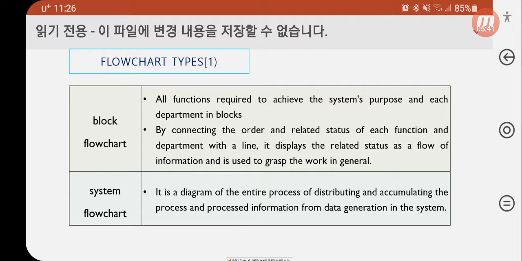By connecting the order and relative status of each function and department with a line, it displays the related status as a flow of information, and it is used to grasp the work in general. Also, system flowchart is a diagram of the entire process of distinguishing and accumulating the process, and it shows processed information from data generation in the system.